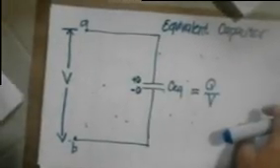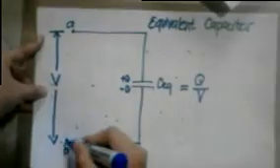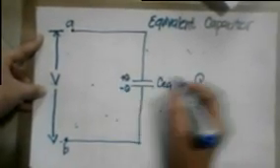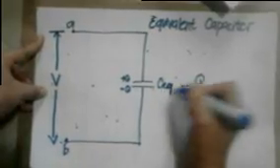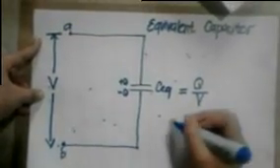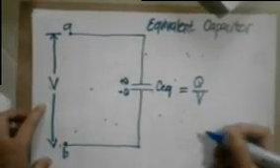So our equivalent capacitor would look like this. This is our potential difference V, point A, point B, positive Q, negative Q, and our C equivalent, which is equal to Q over V, from equation 1, where capacitance C is equal to Q over V.